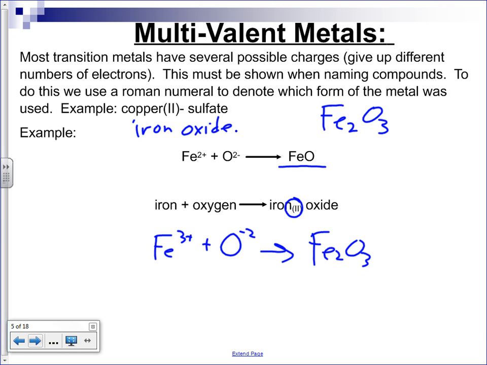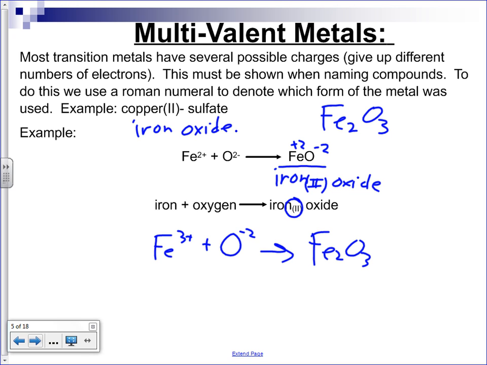Yeah, it's always -2. So if oxygen's always -2, and this compound has to come out to a charge of 0, the charge on iron had to be +2. And that's how you do it. Now I know for sure I have to name this iron 2 oxide. So you just have to kind of reverse the swap and drop a little bit.